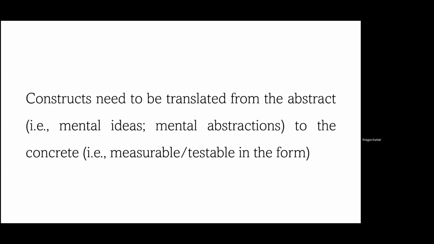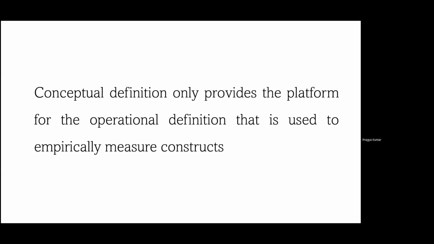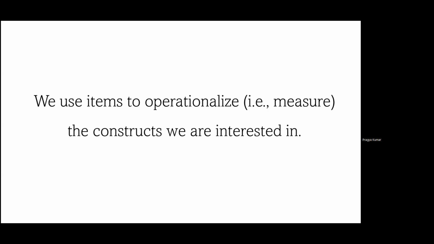That is the operationalization. First you define it, but definition alone will not work, and you have to give how you are going to measure it. So that is the operationalization. The conceptual definition only provides the platform for the operational definition, where we take the data and empirically measure the construct.